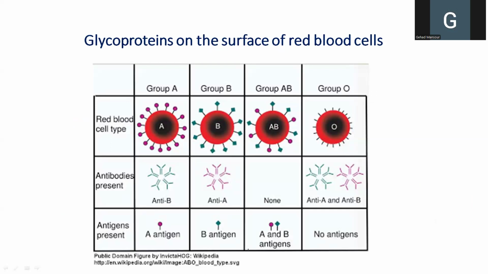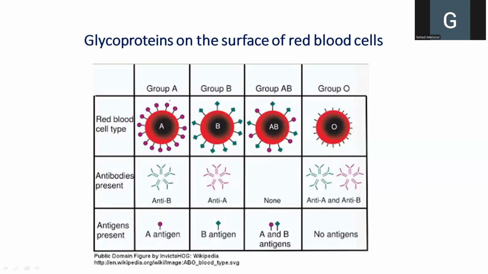One good example of glycoproteins that characterize human cells are the glycoproteins present on the surface of the blood cells and that determine the blood group of an individual.